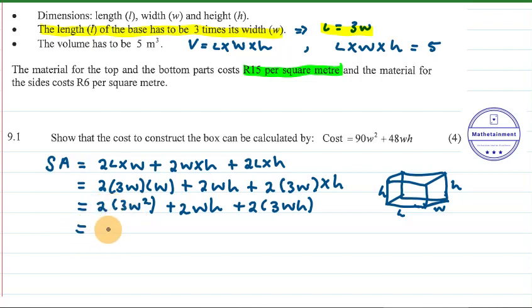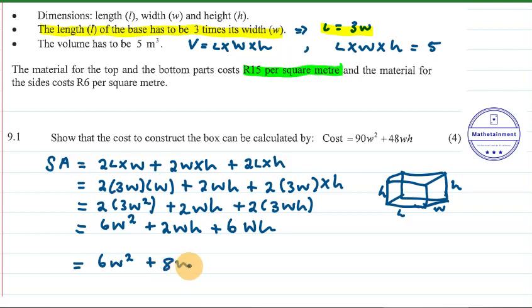So 3 times 2 gives us 6W squared, plus 2WH, plus 2 times 3 becomes 6WH. You check here, you do have like terms, this one and this one. So as a result, you have 6W squared plus 2 plus 6 becomes 8WH. This one is the surface area, but it is not the cost.